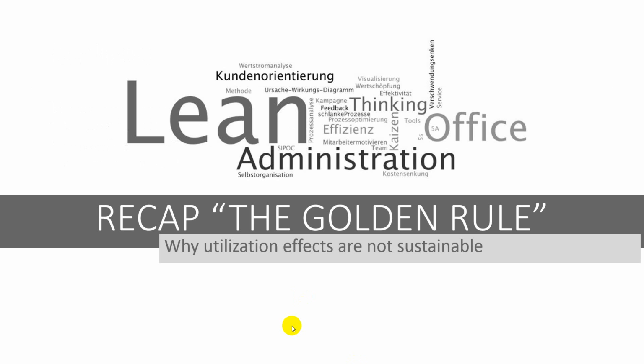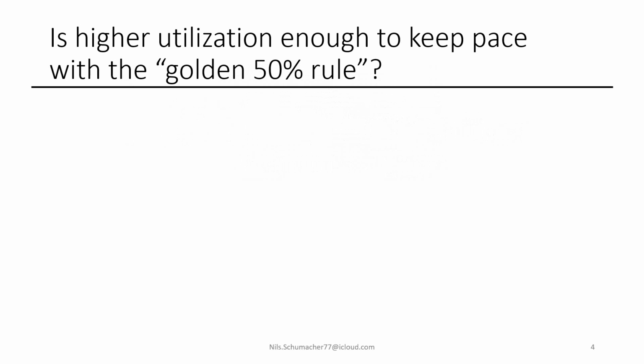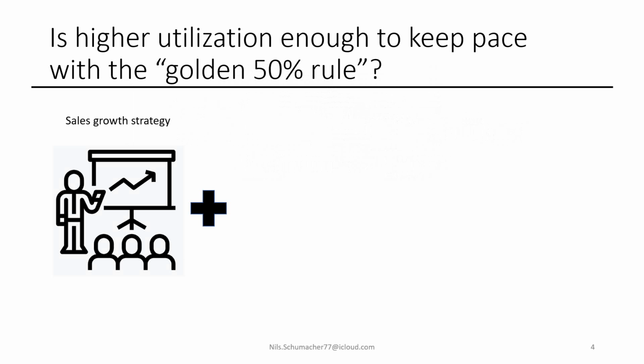So the golden rule: why utilization effects are not sustainable. Looking into my experience from a couple of companies, this golden rule under this name has been very persistent among leaders and planners in different organizations, at least in Germany.